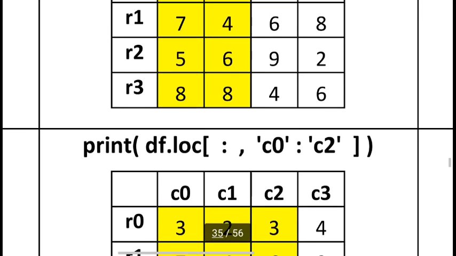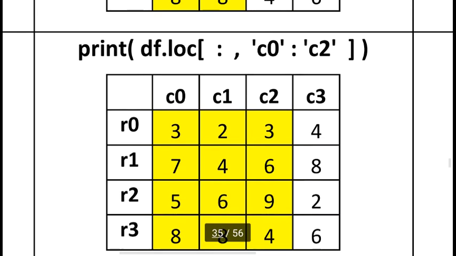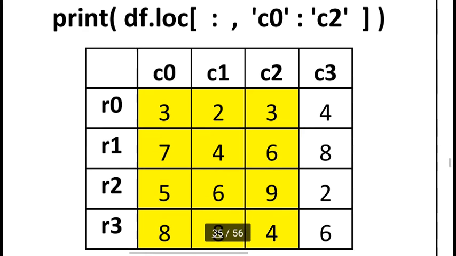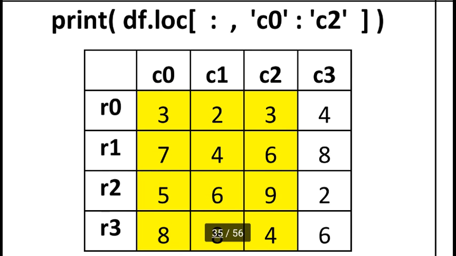Okay, suppose I want to select only the first 3 columns. The statement is df.loc colon, meaning all the rows, comma, start from C0 and stop at C2. So you can see C0 column 3, 7, 5, 8, C1 column 2, 4, 6, 8, C2 column 3, 6, 9, 4, and all the rows, because it is colon comma C0 to C2.